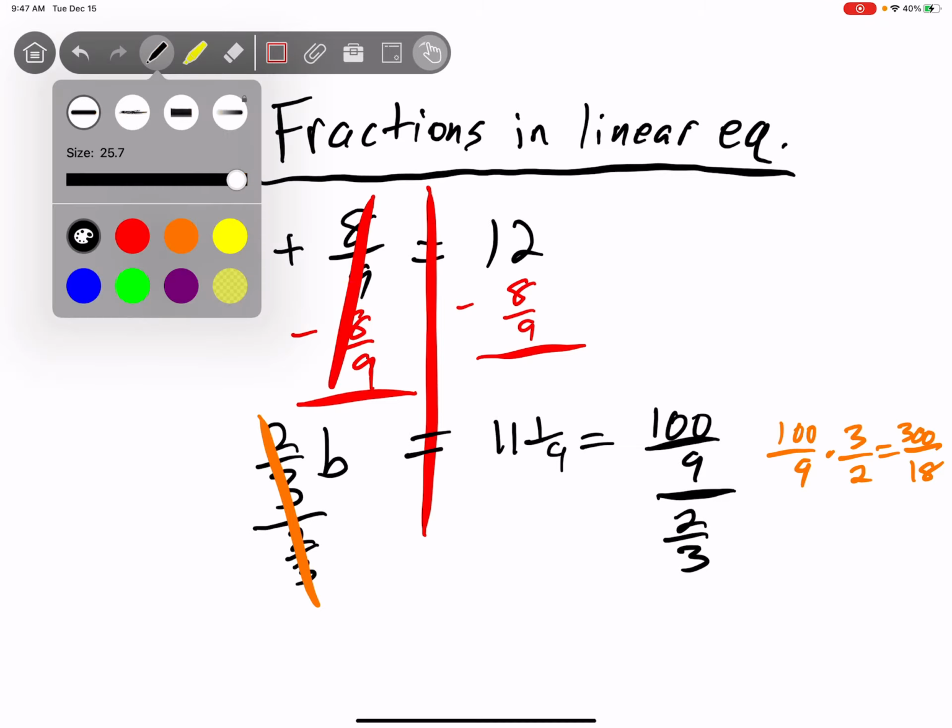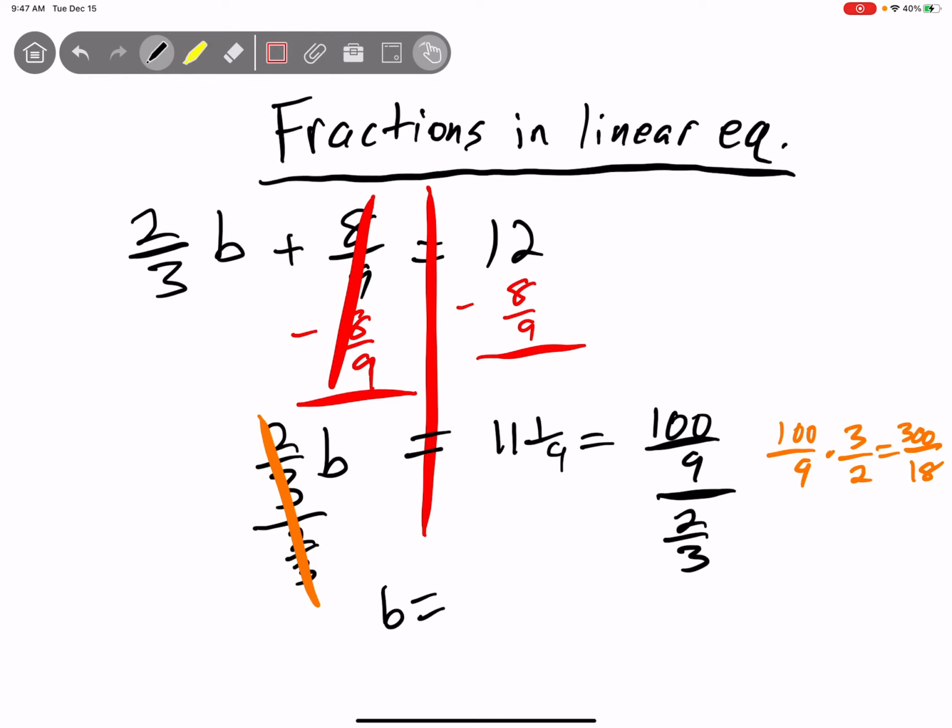So at the end of the day, b equals 300/18, which is the same thing as 150/9, which is actually the same thing as 50/3.